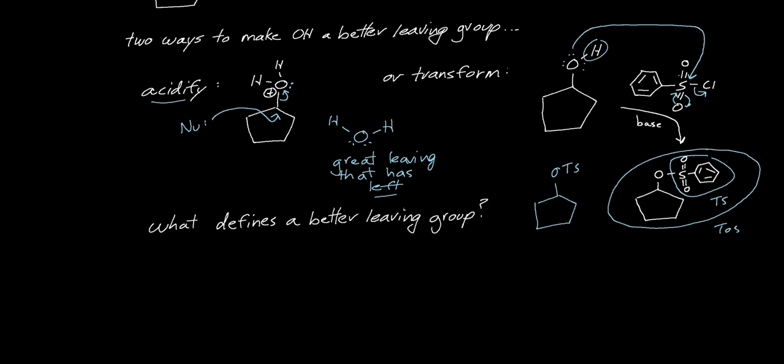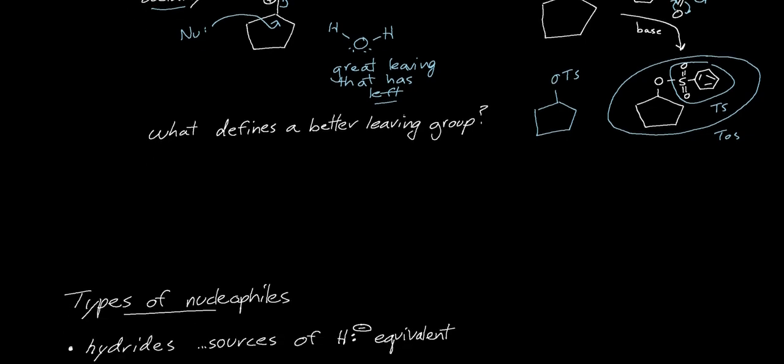This is now a great leaving group. It's a great leaving group because of how it looks when it has left. So what makes a great leaving group, a better leaving group? You have to analyze that based on what it looks like after it has left.